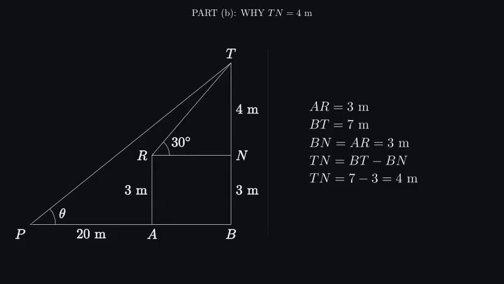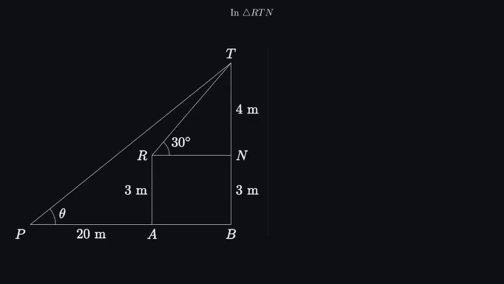Therefore, the extra height from N to T is 7 minus 3 equals 4 meters. The important small triangle is RTN. The angle at R is 30 degrees, and the vertical height difference, TN, is 4 meters. We will use this triangle to find RT, then find the horizontal distance, RN.